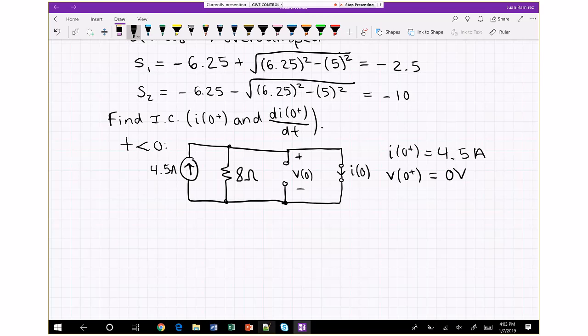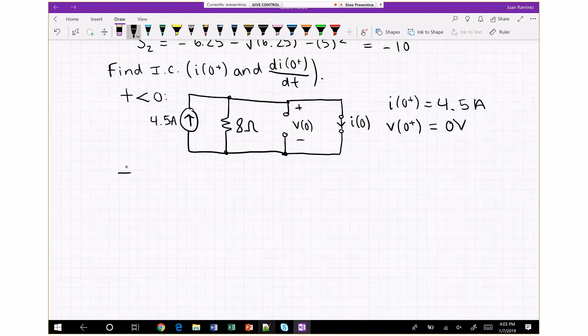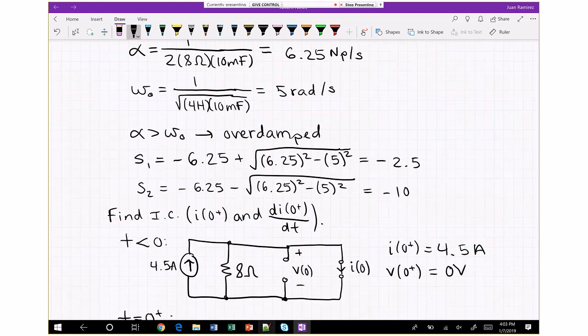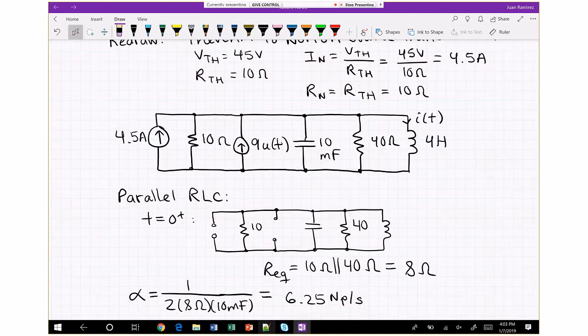Okay, now let's take a look at the circuit right after the transition. We kind of analyzed it already before, but we'll go a little deeper now. Notice, when we look at the circuit right after the transition, those current sources are in parallel with one another. The 4.5 amp and the 9 amp, after the transition, which is when the 9 amp is there.